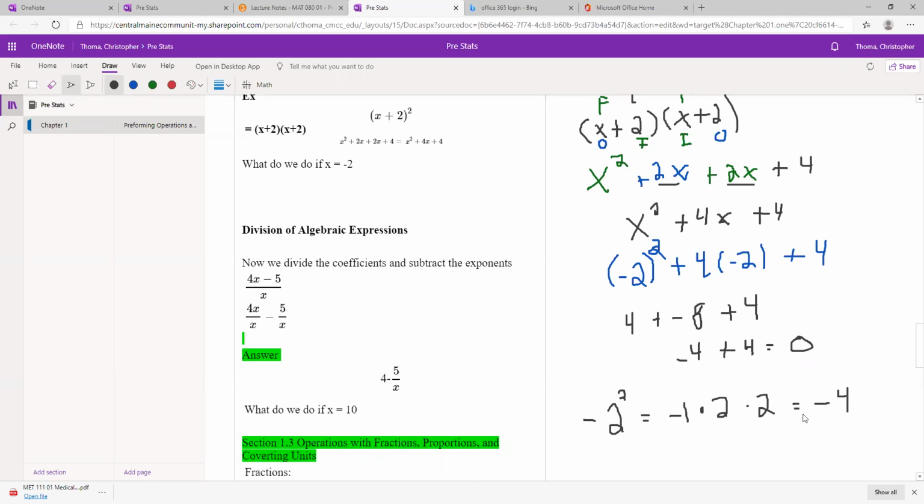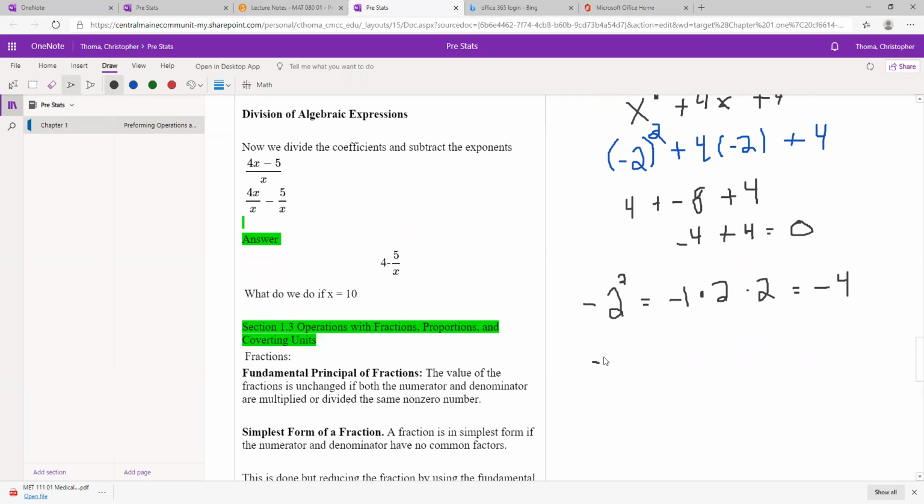So if you put -2 squared in your calculator, it thinks you want -1 times 2 times 2, because the squared is only on the 2 and it is not on the negative sign. If I have it in parentheses, well, then that does equal -2 squared, -2 times -2, and that does equal positive 4. Right, so it's careful how we say things and what we're doing.